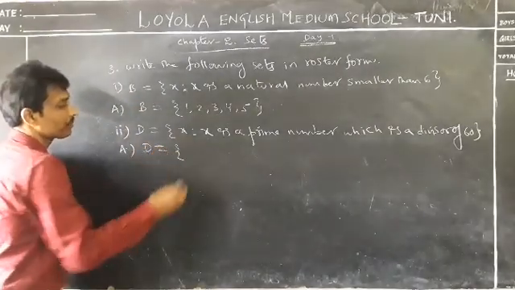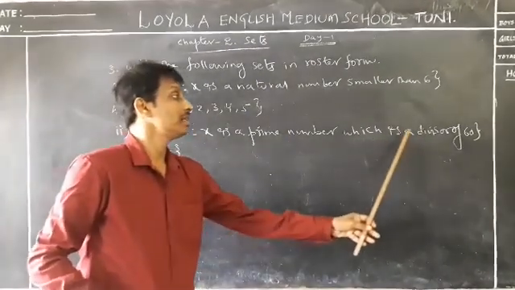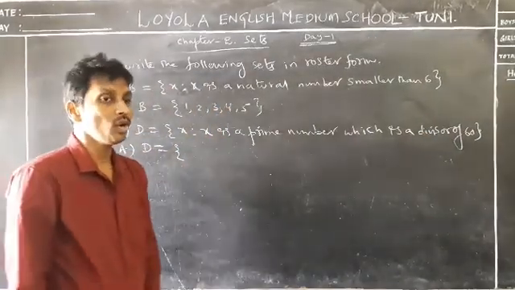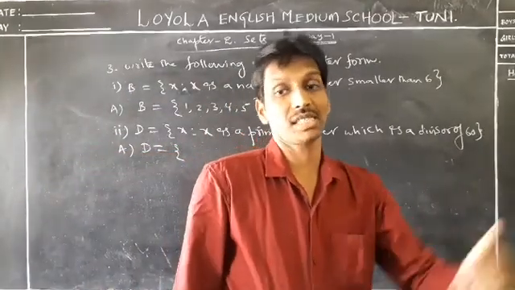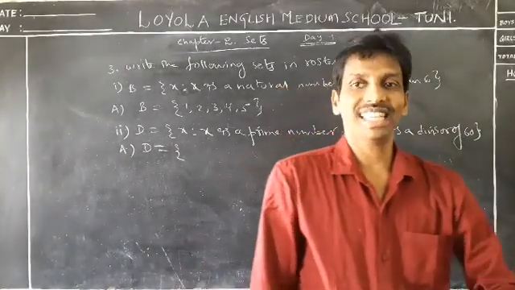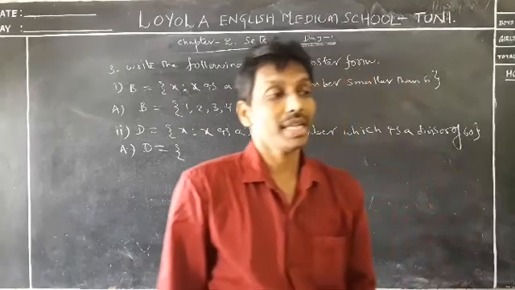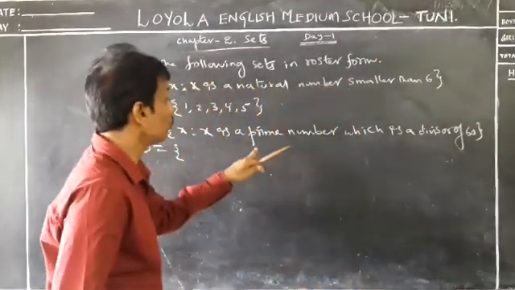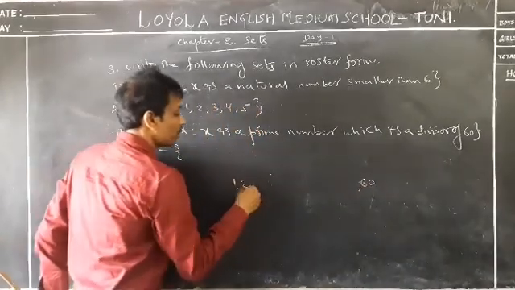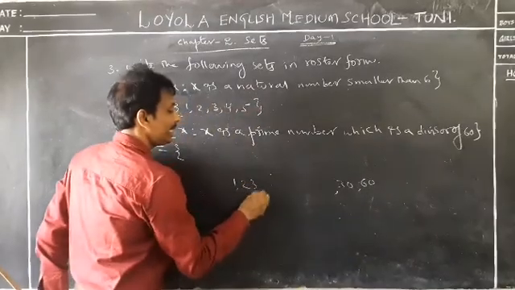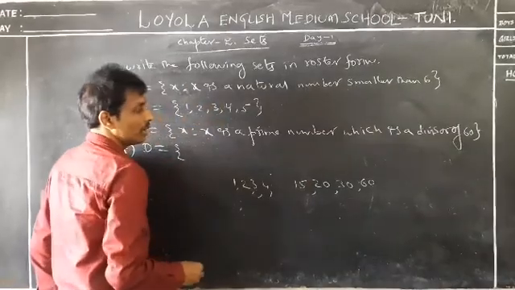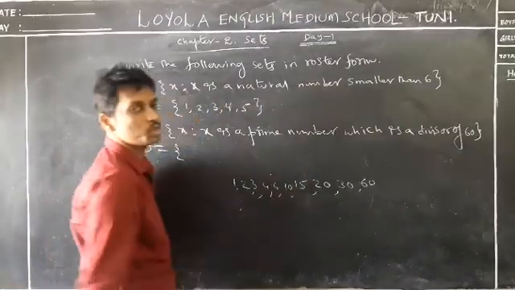And here you see X such that X is a prime number which is a divisor of 60. We know what the factors of 60 are. 1 times 60 is 60, 2 times 30 is 60, 3 times 20 is 60, 4 times 15 is 60, and 6 times 10 is 60.